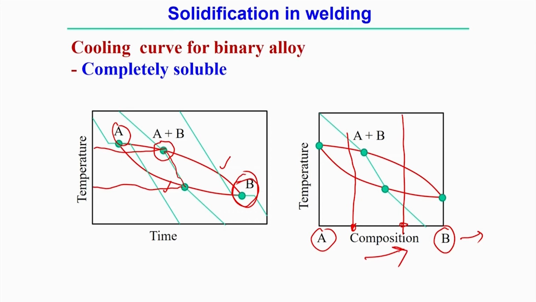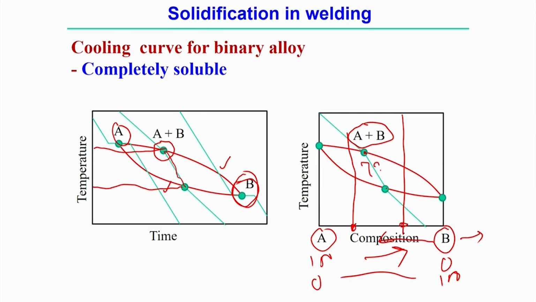towards B, the percentage of A is decreasing, and gradually here A is 100% and at this point A is 0%. Similarly, if we move in the other direction, B is 100% and here B is 0%. In that way we represent the composition along the x axis of an alloy system. At any intermediate point, the alloy consists of A plus B. Here this point starts the solidification and here it becomes completely solidified.